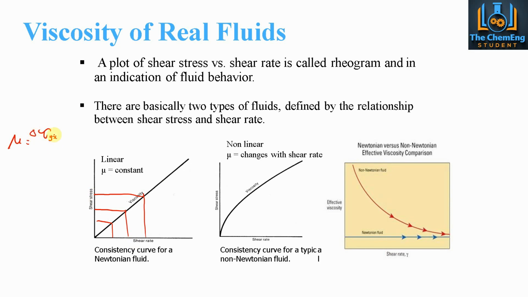So it would be delta tau, the change in the shear stress, divided by the change in the shear rate, which we normally denote by the Greek letter phi. This is actually a gradient formula, and this is evident because we have dy, the change in y divided by the change in x. So our viscosity is actually a measurement of the gradient between these two parameters.